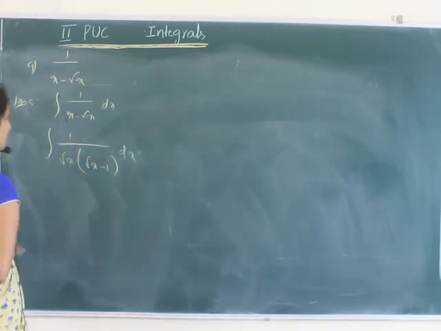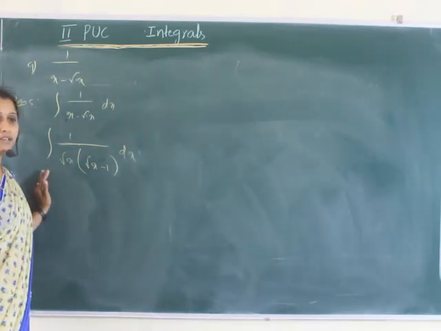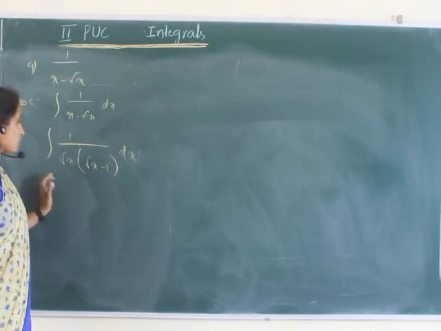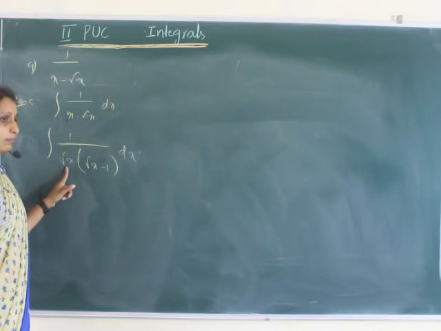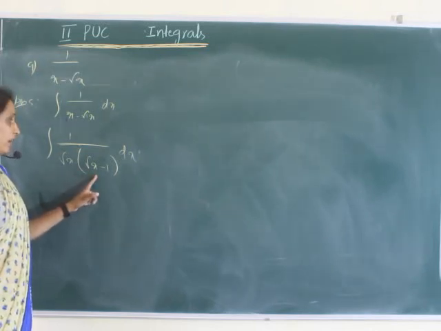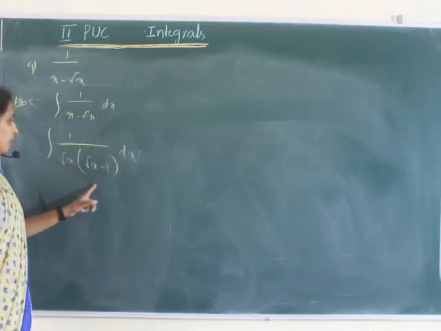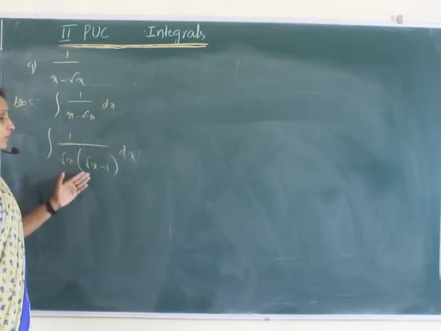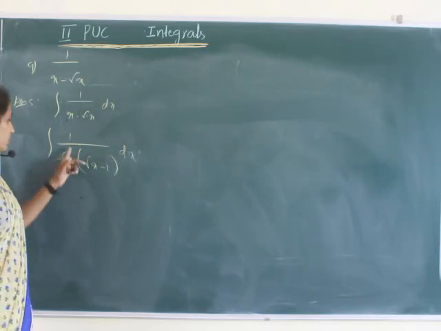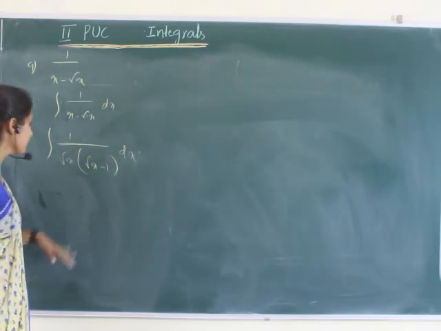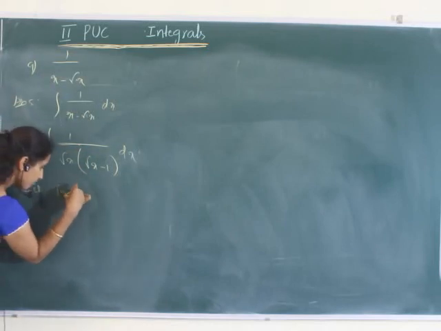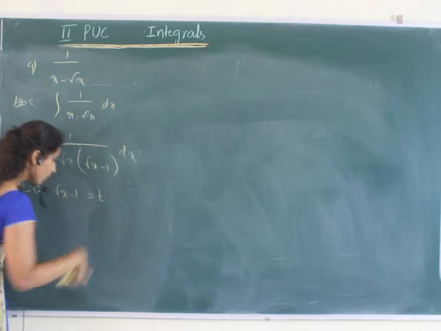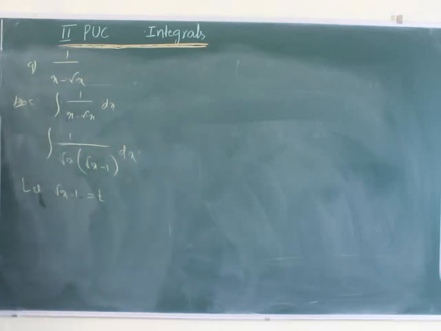After that, what is the substitution? We know that the derivative of √x is 1 by 2√x. Instead of taking √x as t, I'll take √x minus 1 as t, because the derivative is 1 by 2√x, so that √x can be cancelled. So let √x minus 1 be t.